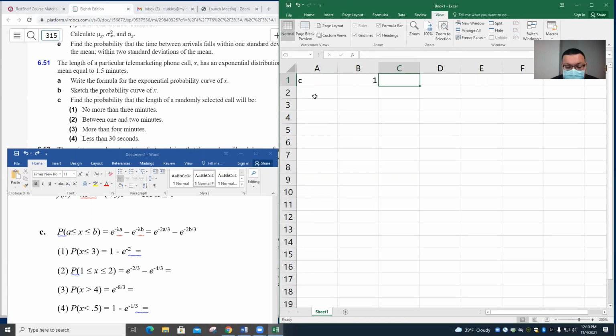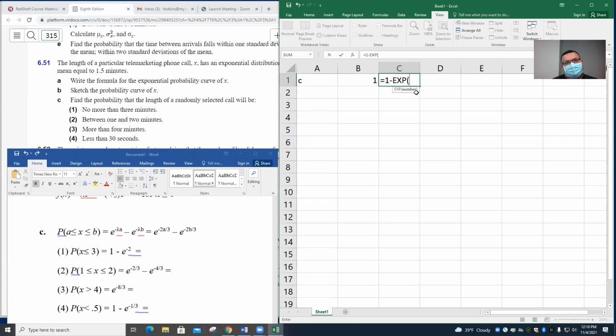All we have to do in Excel is equals 1 minus, and then for e, you just type exp. When you type in exp, it even says it returns e raised to the power of a given number, so basically e to an exponent. This is a beautiful formula because you only have to type in one number.